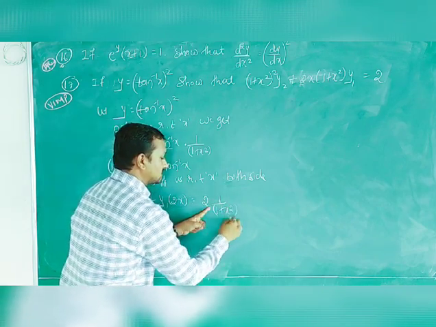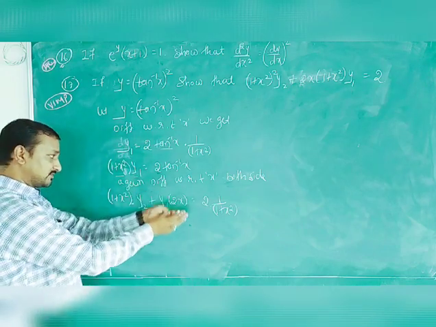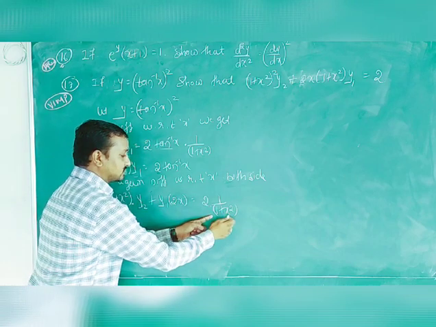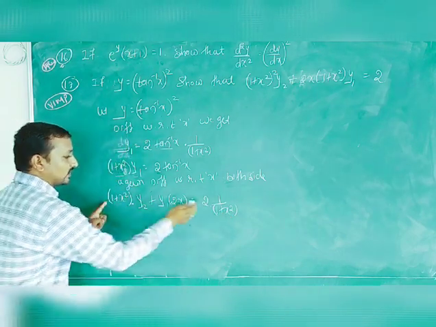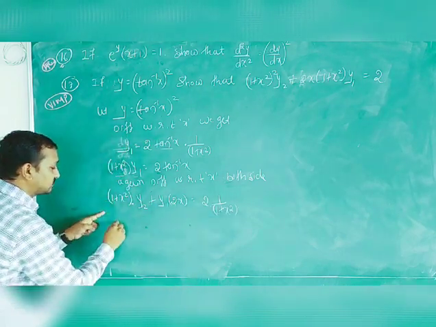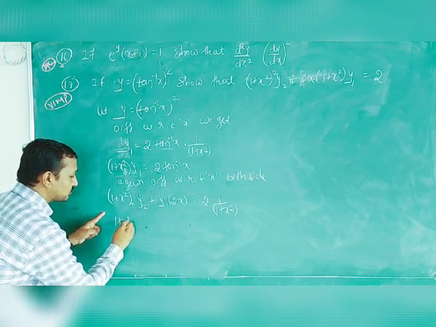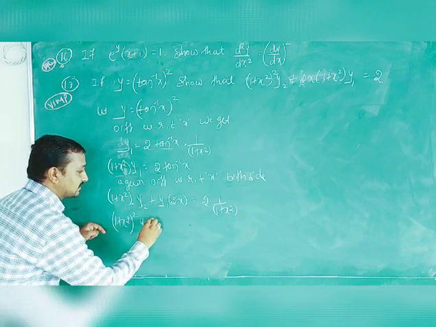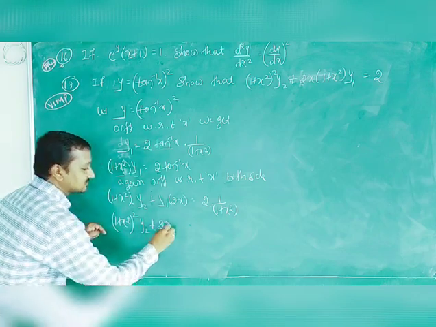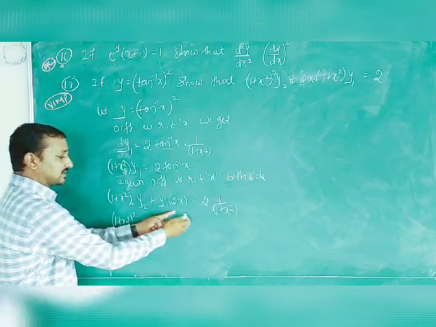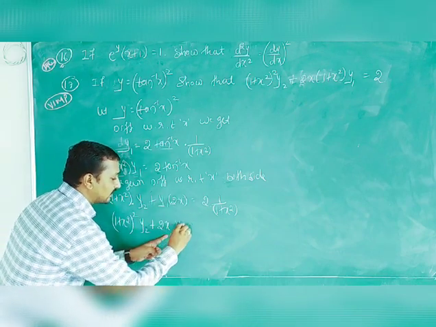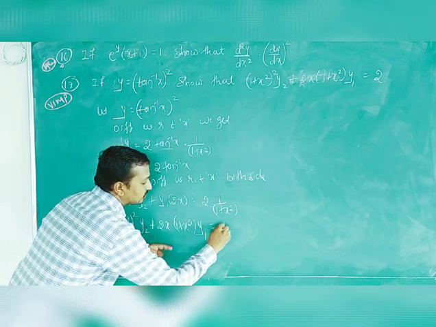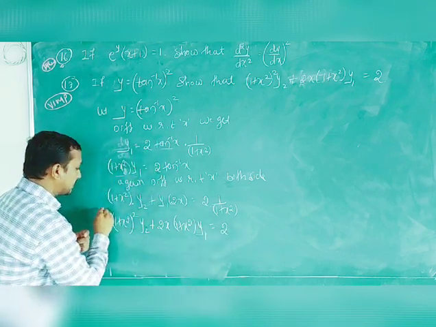Then cross multiplication: (1 plus x square) into (1 plus x square) is (1 plus x square) whole square into y2, plus 2x y1 (1 plus x square) into y1 is equal to 2. This is your final answer.